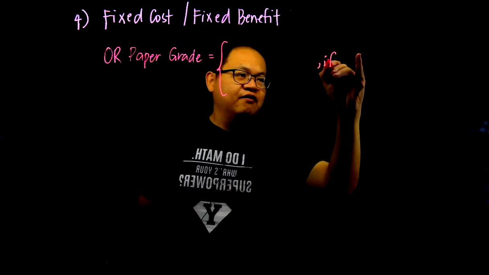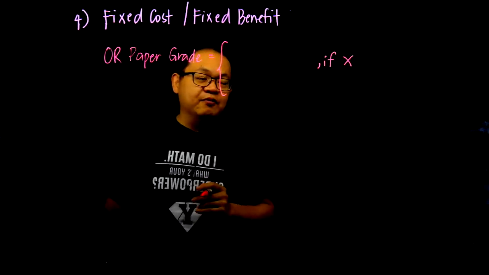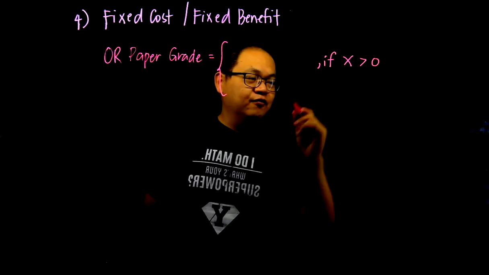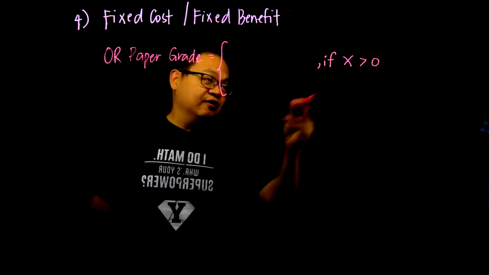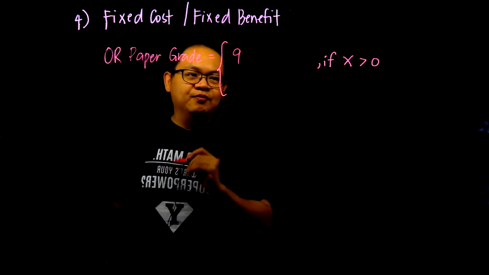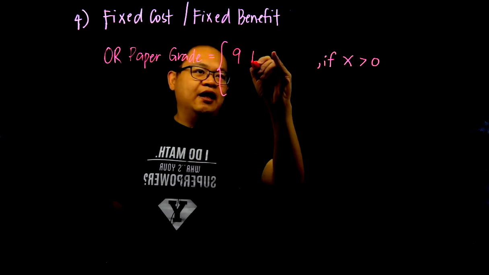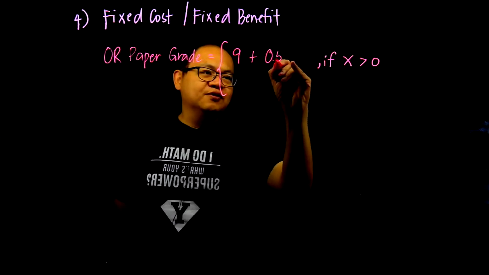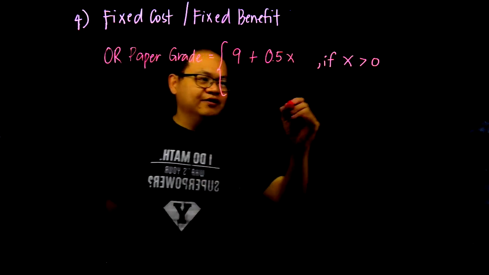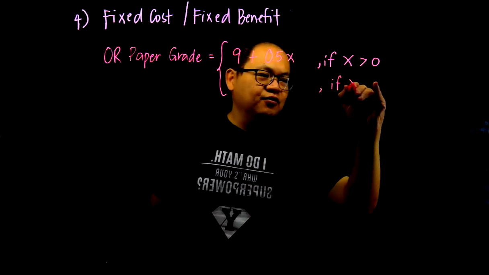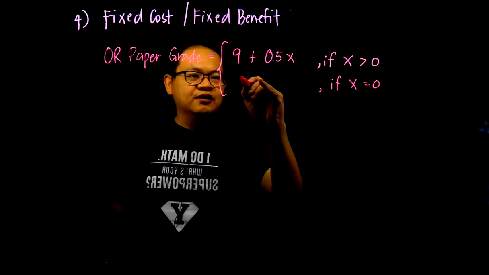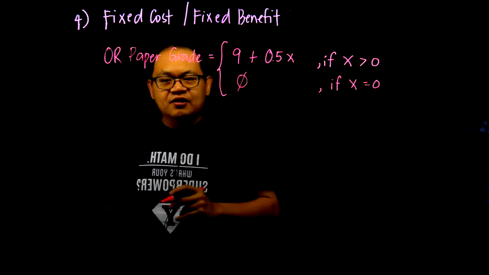If x in this case is the number of pages you submit, if you are submitting something, and therefore that means x is greater than 0, then let's say I will give you a bonus of 9 points, and for every page that you submit, you will get 0.5 points. However, if you don't submit anything, meaning x equals 0, then I hope it's very obvious that you will not get anything.